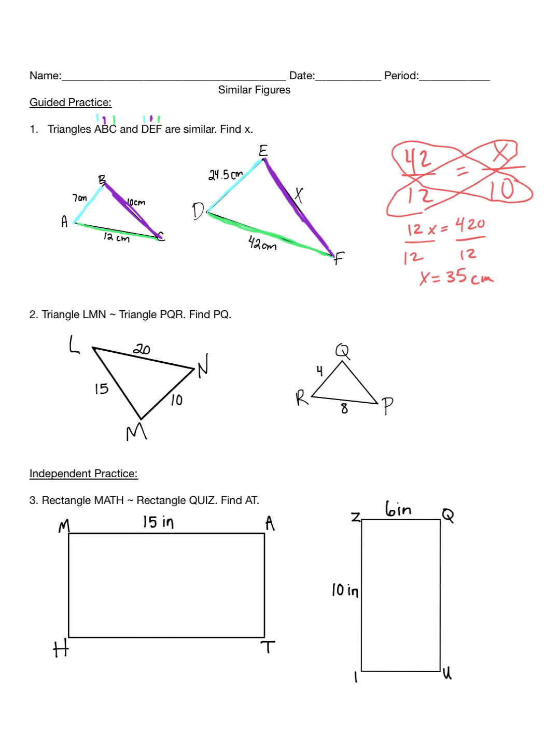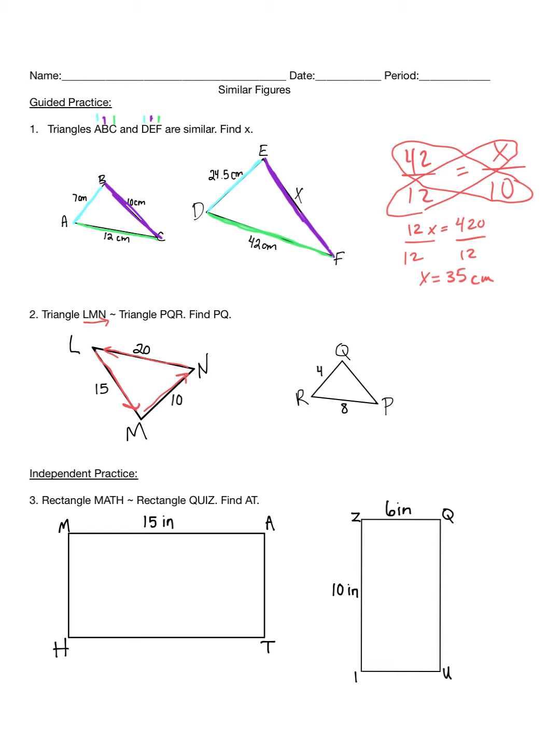So what we need to do first is read the triangle the way that they tell us, okay? So triangle LMN. What I like to do when I see that is know that I'm reading from left to right, okay? So we're going to go L to M to N, and N back to L, okay? So that's the rotation there of that triangle. Well, we need to do that same thing for PQR.